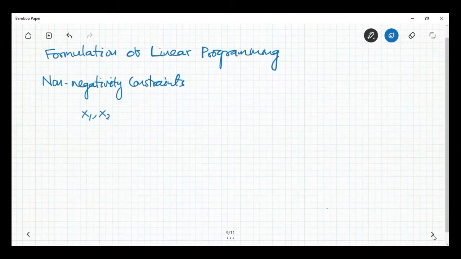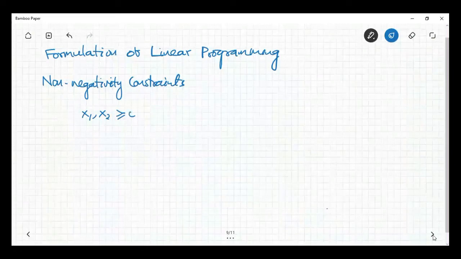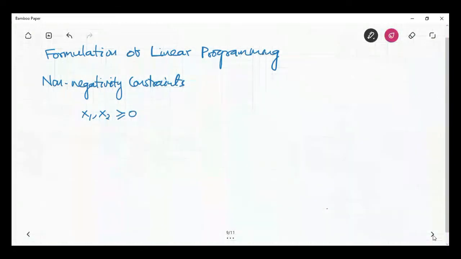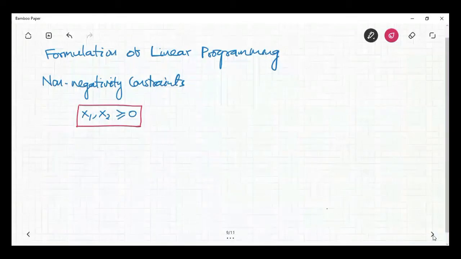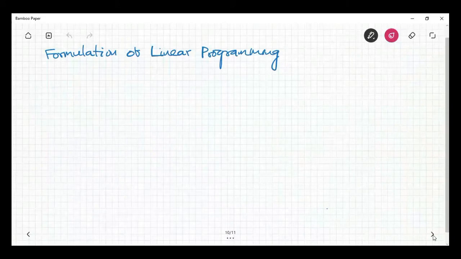X1 is the optimal production of tables, X2 is the optimal production of chairs, and they should be greater than or equal to 0. So that is the non-negativity constraint.